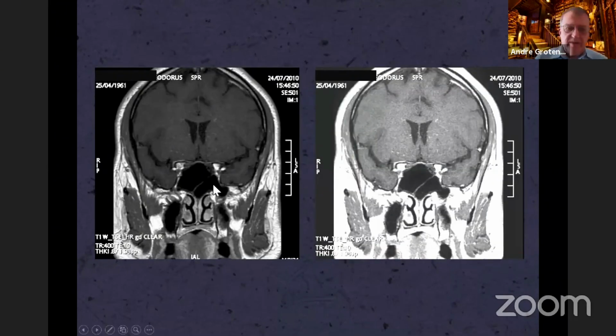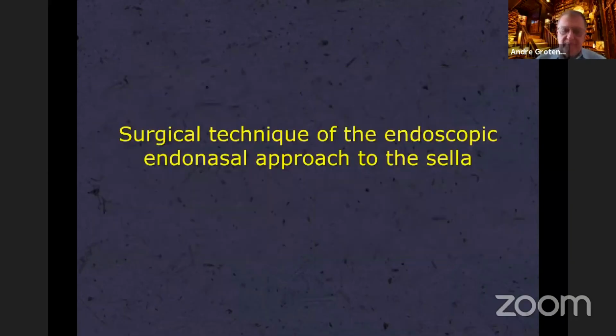The same here. On the regular T1, it is difficult. If you enhance the whole Hounsfield units, then you will see the septum, which is so important because you otherwise have no clue that you have to go through this septum before you are close to the sella.